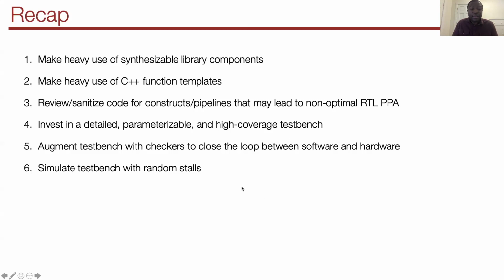And finally, it's important to simulate the test bench with random stalls. This could be helpful in catching bugs much earlier at the C++ stage, as opposed to catching these bugs much later post HLS.